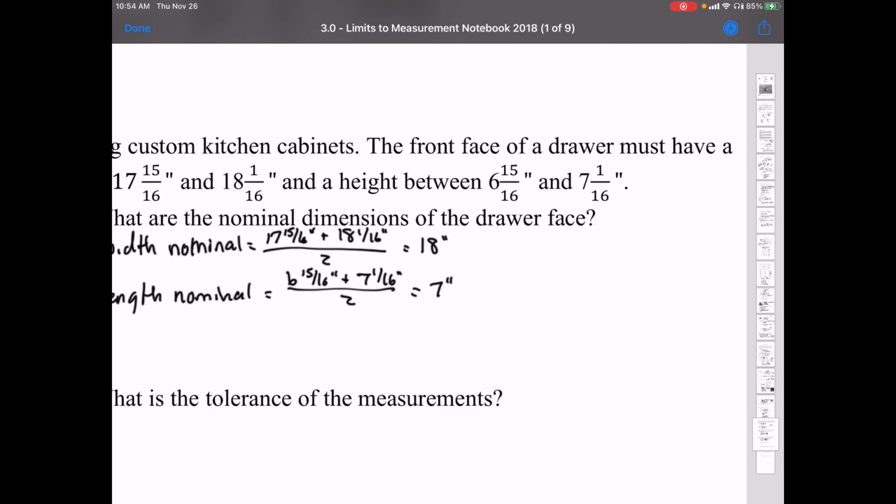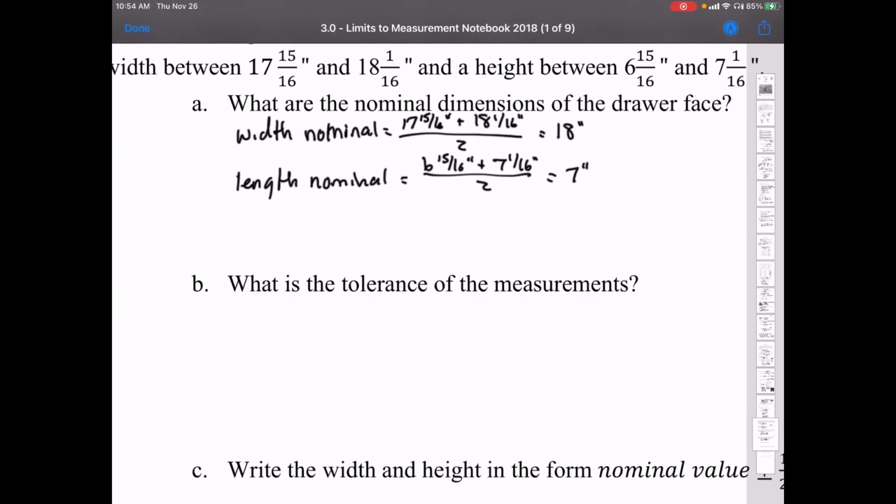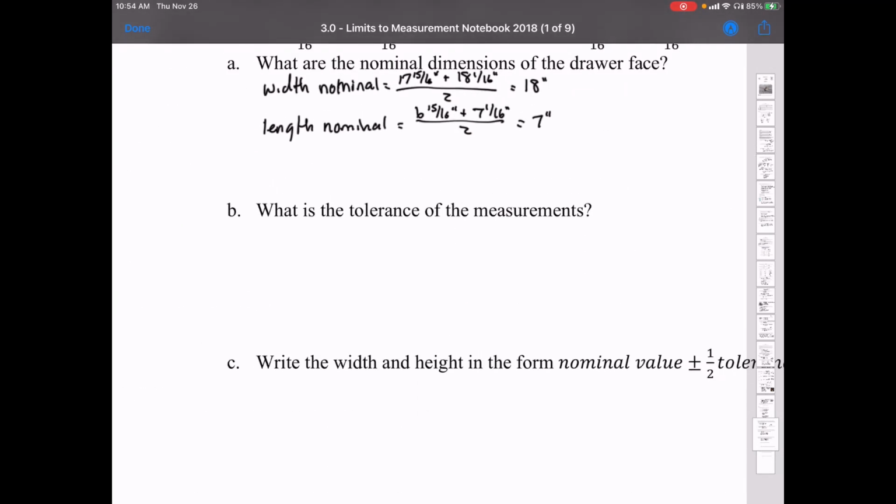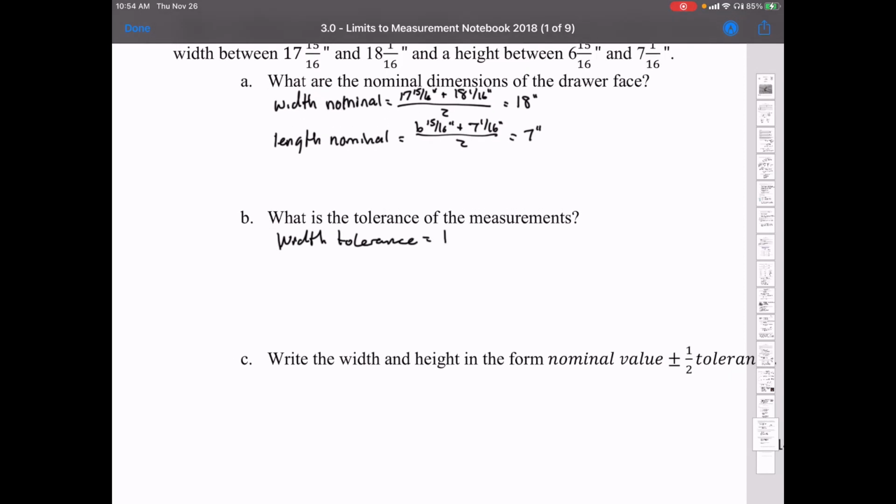So then we can figure out what the tolerance of each of the measurements are. Remember, tolerance is just your max minus your min. So the tolerance, we'll go width, tolerance is your max minus your min, so 18 and 1/16 of an inch minus 17 and 15/16 of an inch to give you 2/16 of an inch, or 1/8 of an inch if you were to simplify that fraction.